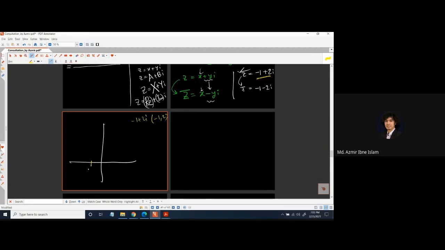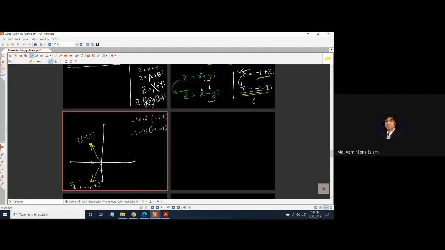This is our first point, Z. And the conjugate that we have found is -1 minus 2i, so the point -1, -2 will be here.